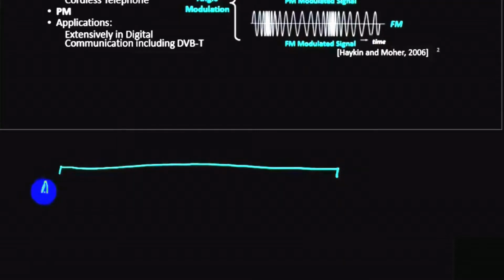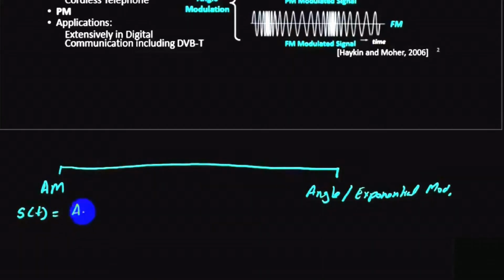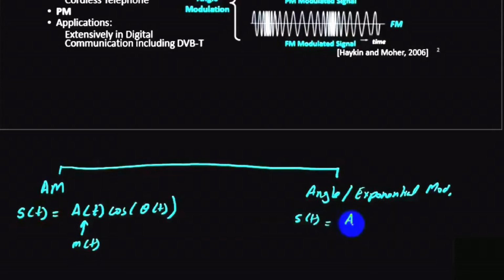So in modulation we have amplitude modulation and angle modulation. In amplitude modulation, if we send a signal S of t, the amplitude is varied with respect to the message signal. However, in angle modulation, the amplitude is kept constant while the angle is varied with respect to the message signal. This is the major difference.